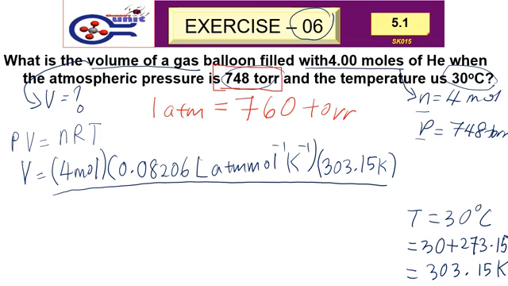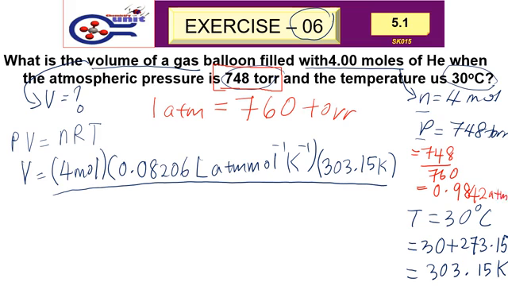Maksudnya 748 divide by 760. Betul? So, dapat berapa kat sini? 748 bagi 760, kita dapat 0.9842 atm. Boleh?